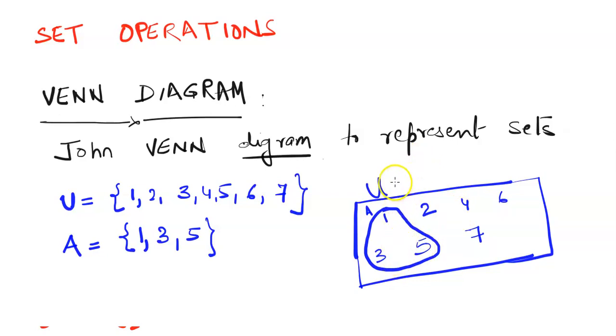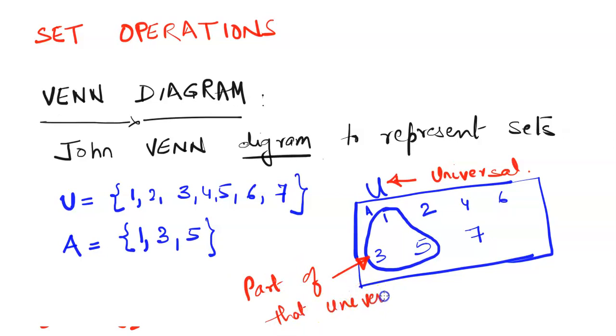So we say U is the universal set and A is part of that universal set. There could be another set within this set which takes values 2 and 5.